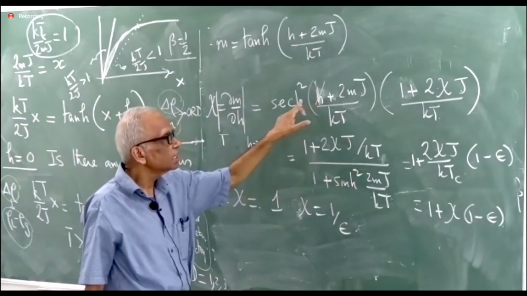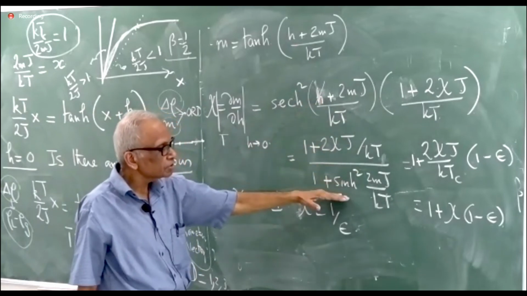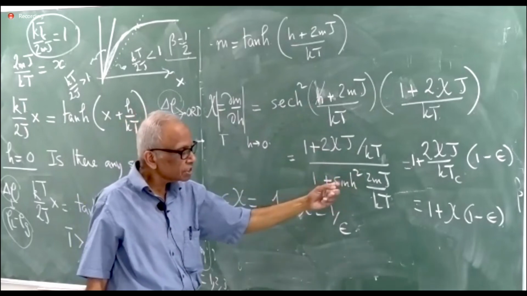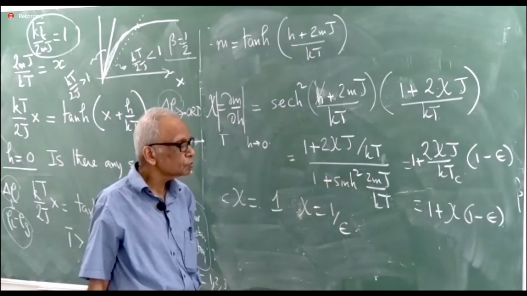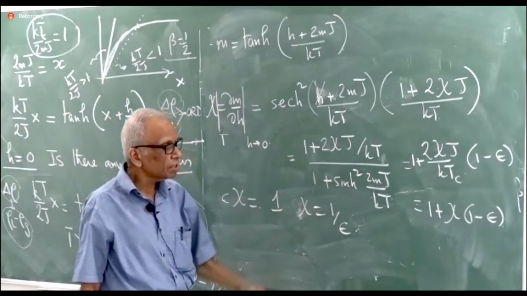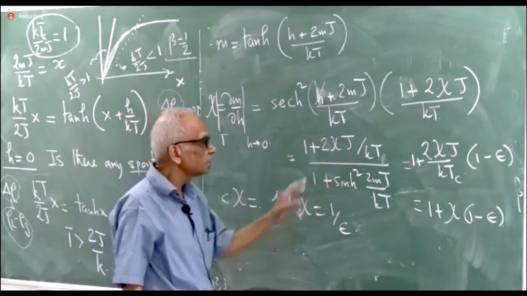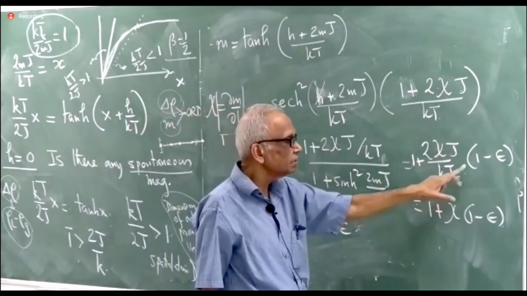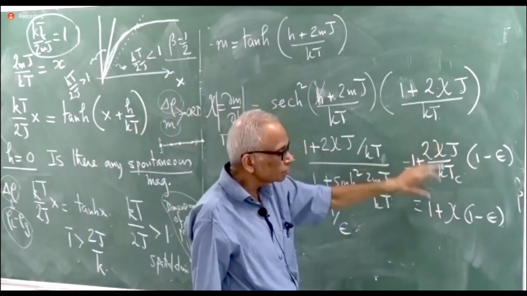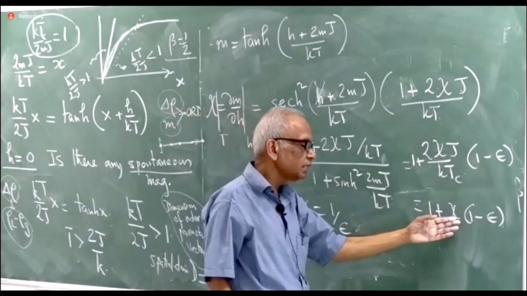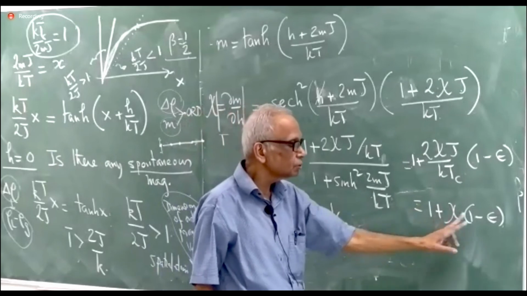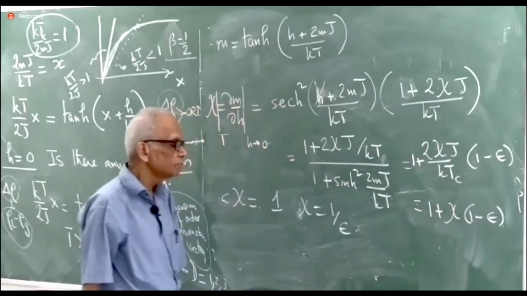Sech squared comes as 1 plus sinh squared, but for small m, sinh squared is like m squared, small compared to 1, and dropped. In the numerator, which is 1 plus 2 chi J and 1 minus epsilon, this part is big and cancelling out, and it is chi. So 1 has to balance out chi times epsilon.